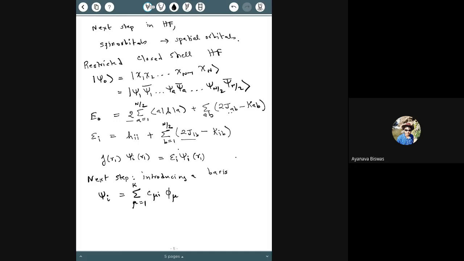So earlier it was a bit abstract because you had to find out functions. Okay. But finding out a function out of the blue is not easy. So every time you need to find a function, people would normally have a basis and you find out the coefficients of that basis. And the coefficients are just numbers. So those can be obtained by algebraic equations.